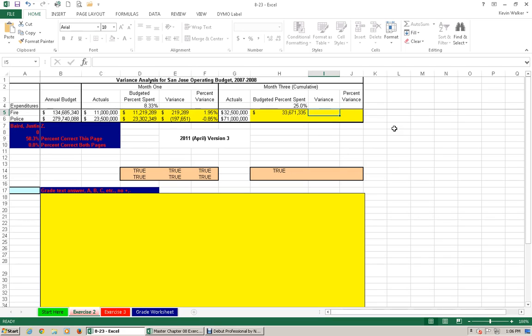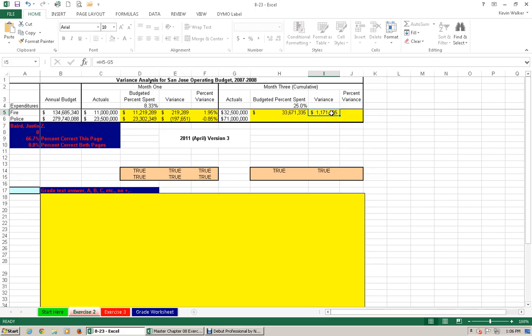C5, and this is going to be G, and of course got to put a sign in there. So we're still about $1,171,375 above what we budgeted for.